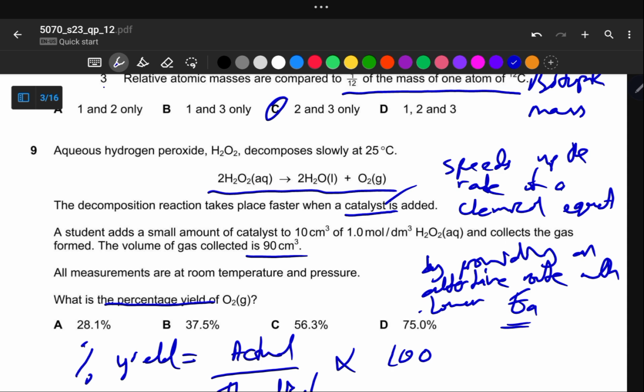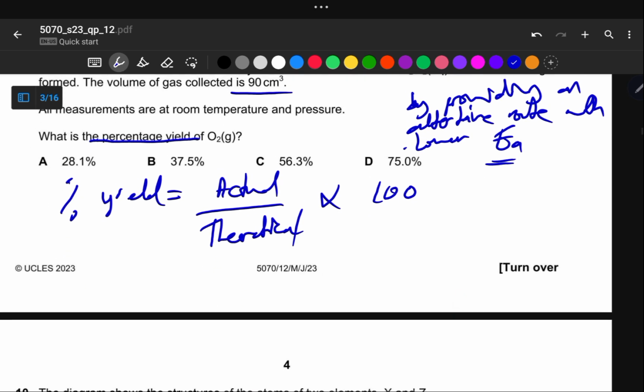And also, what else do we need? We've got this graph. You can be examined on this graph, the energy change profile, right? You've got the reactants here, then the products here, meaning this reaction is an exothermic reaction.